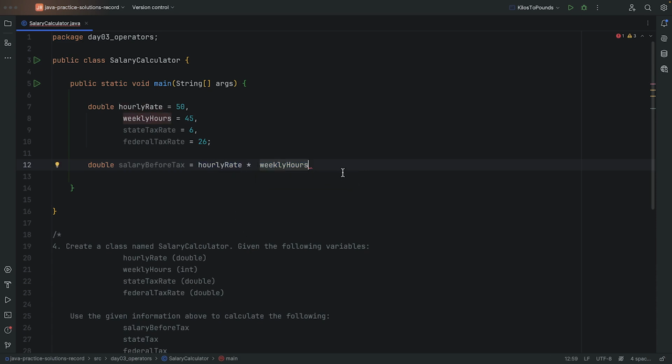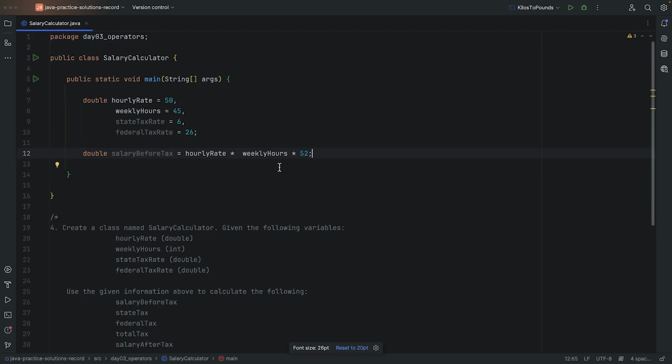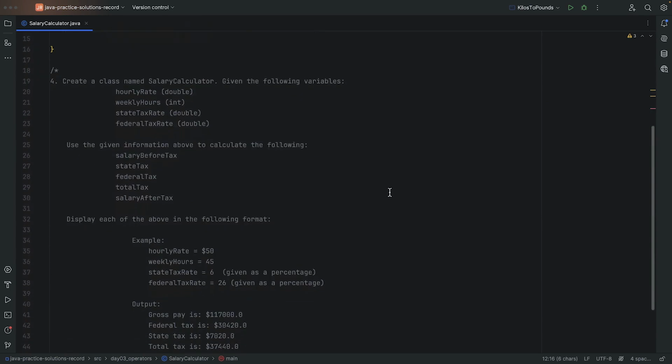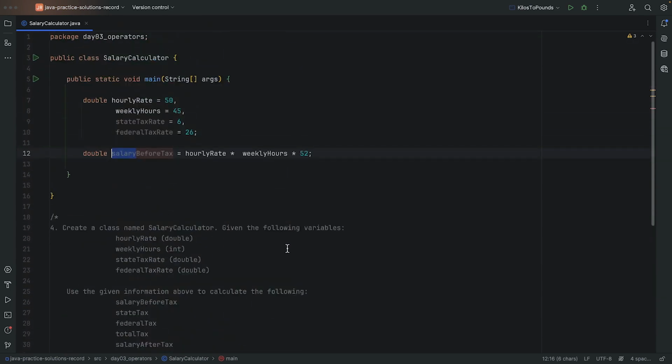I want the total salary, which is basically the whole year. So I'm actually going to multiply 52. Okay, that is one part that if you didn't think about it too much, you may have skipped. But this is a salary, so normally the salary is considered as a yearly value. So I needed to make sure to multiply by 52.